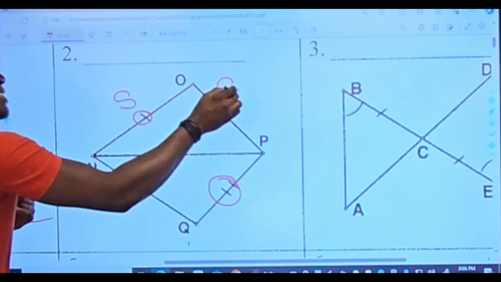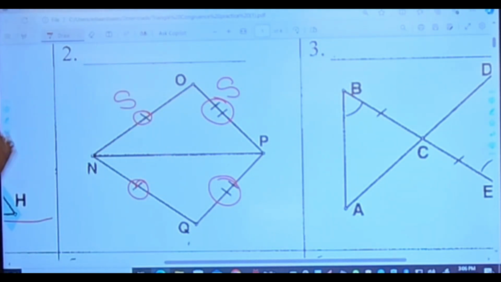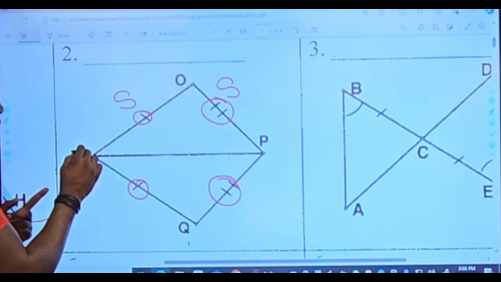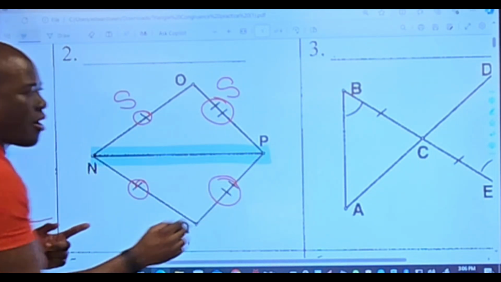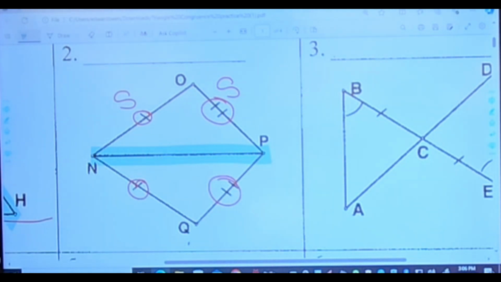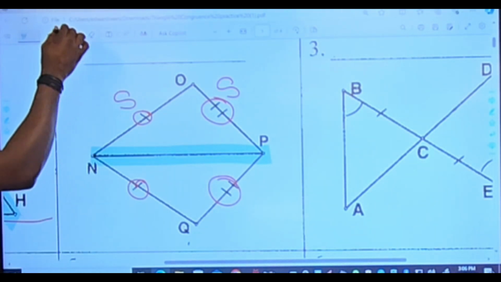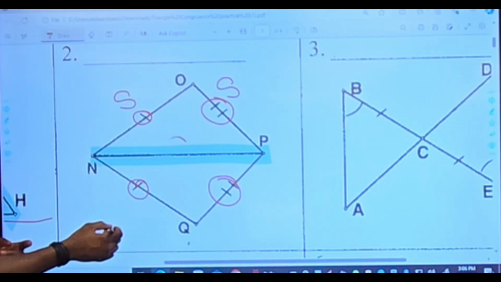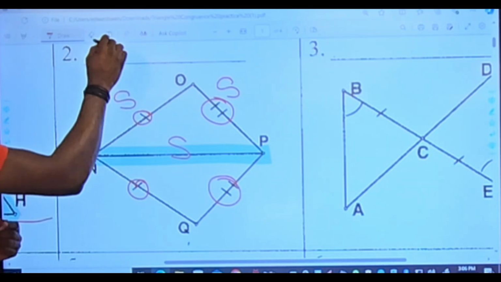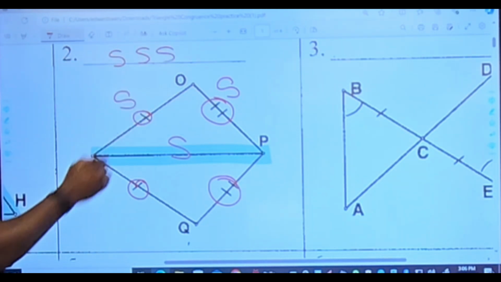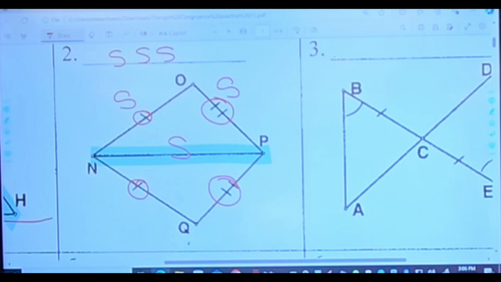So we have another side here. Finally, we're noticing that NP is a part of both triangles. So it is a side for both, which means that they are the same, right? So here we have another side. So what is the theorem here? Side, side, side. Are we good with that? See that? So that's how we look for the ideas.